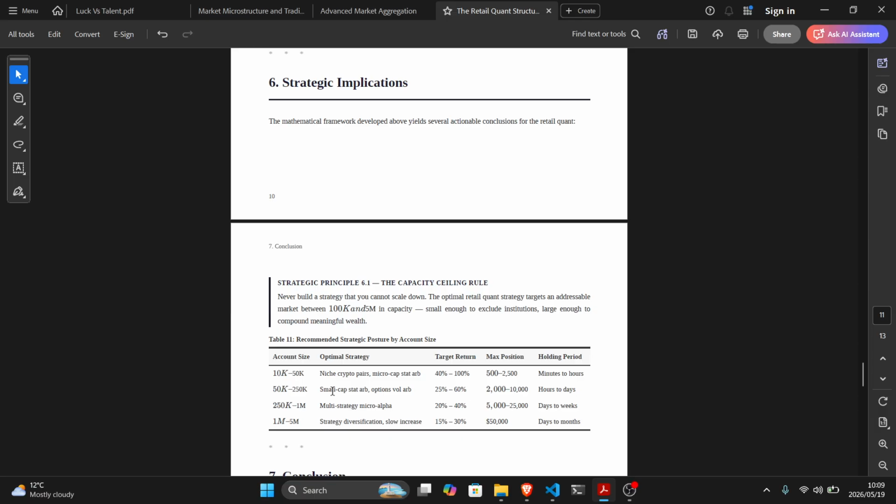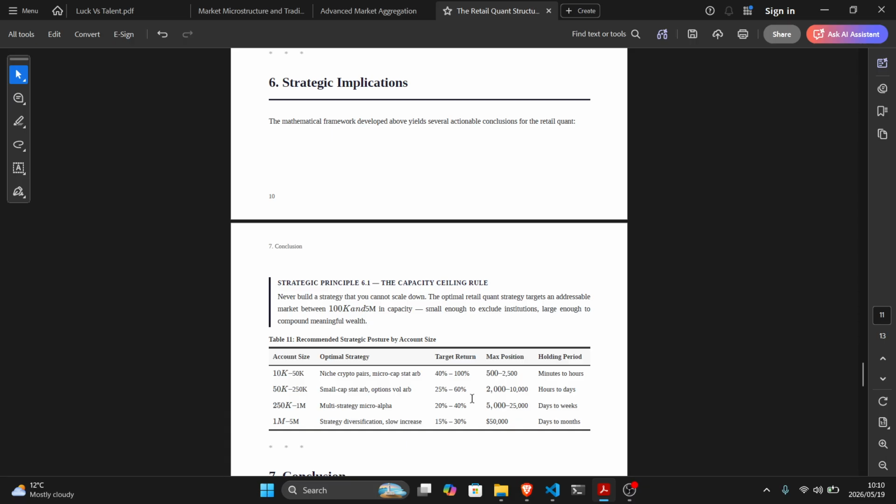An account size of 250K to 1 million has an optimal strategy that is a recommended multi-strategy micro alpha. And if you don't know what micro alpha is, go look at my previous videos on the retail quant and you'll have everything you need to understand what micro alpha is. But essentially, given 250K or a million or anything in between, the most optimal strategy is just multi-strategy micro alpha, which is just exploiting as much of these smaller assets that exist out there as you can, right?